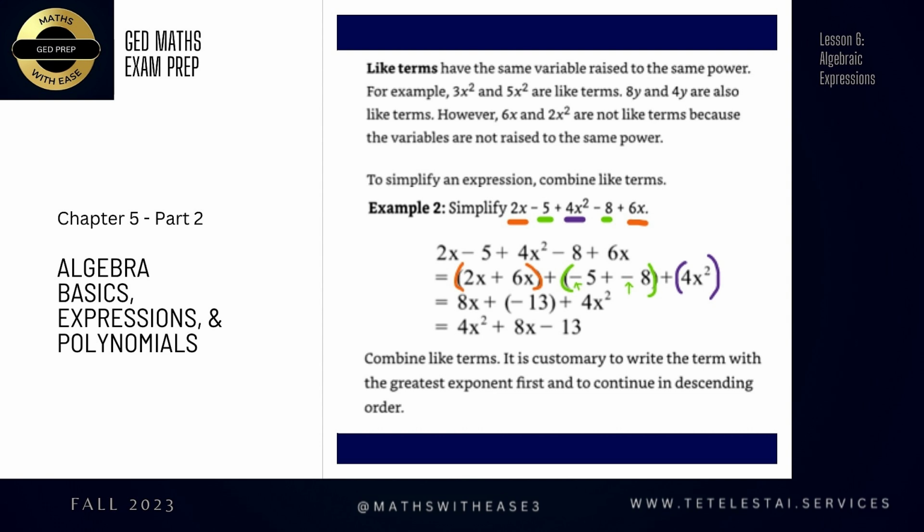You get -13. And so this is just a simpler way of representing this entire expression. That was the goal of this particular exercise, to simplify this very long expression and write it in a more condensed form, which we've done right here, with 4x squared plus 8x minus 13.